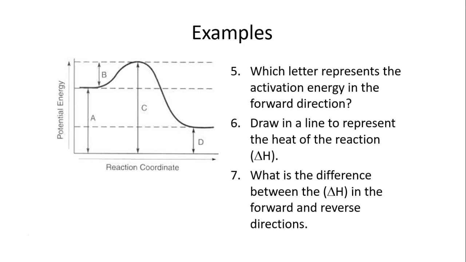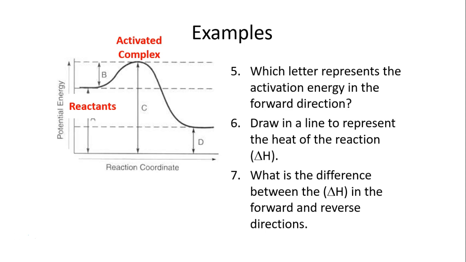Number 5, which letter represents the activation energy in the forward direction? Okay, so forward is going from left to right. Let's just label where are the reactants in the forward. They would be right there on this part of the line. Okay, that would be the energy for the reactants. Then for activation energy, we need the activated complex.